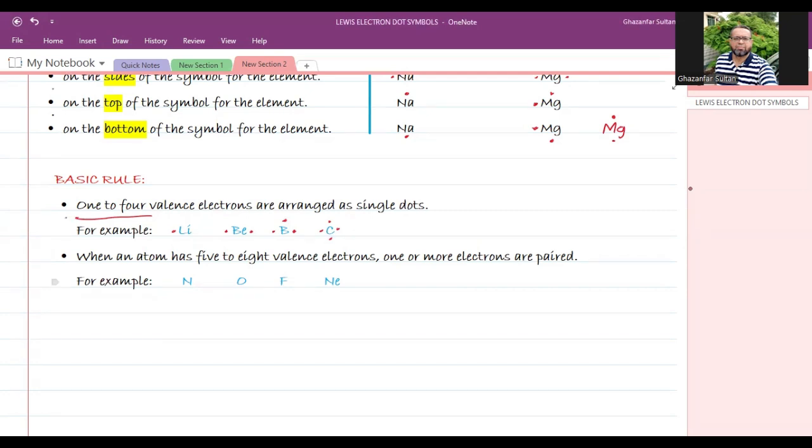But in case of elements where there are more than 4 electrons, for example, 5 to 8, it is better to draw one pair and 3 single dots.